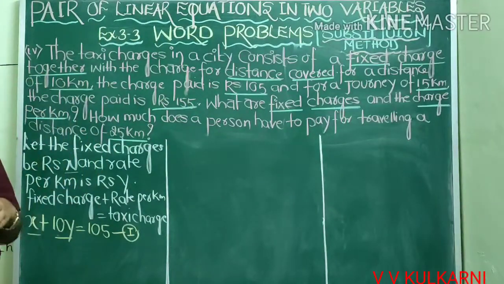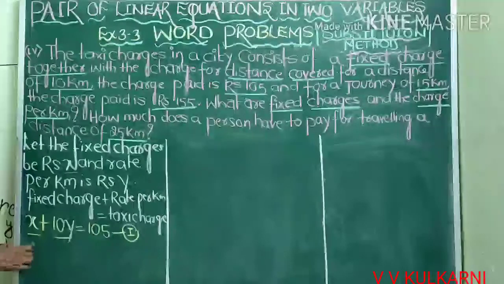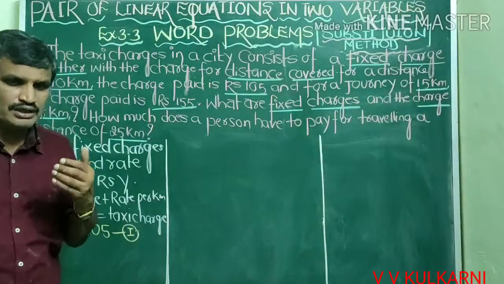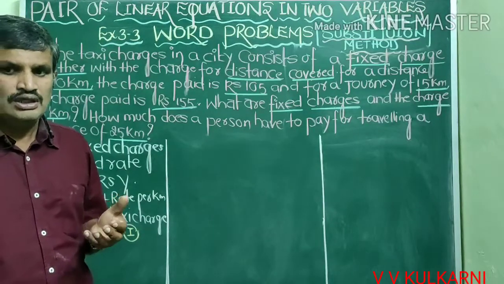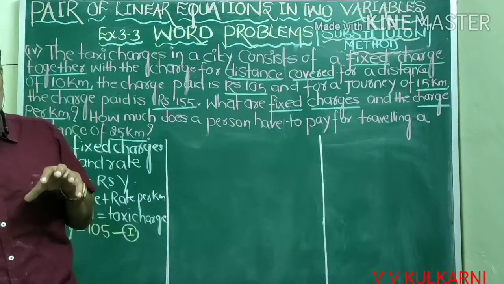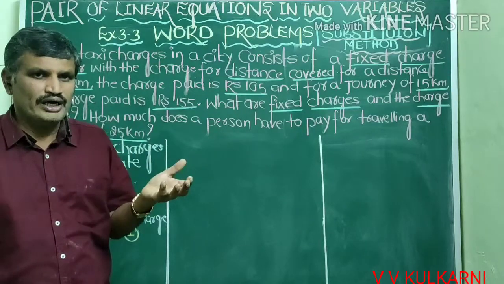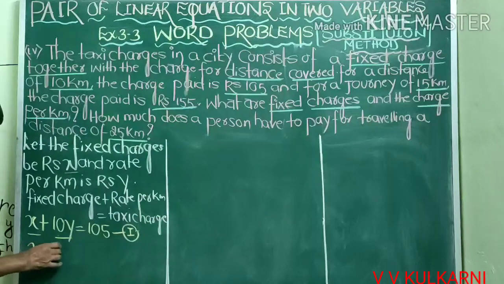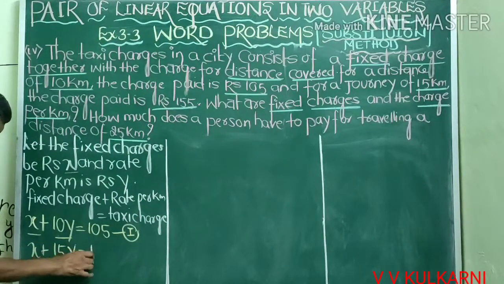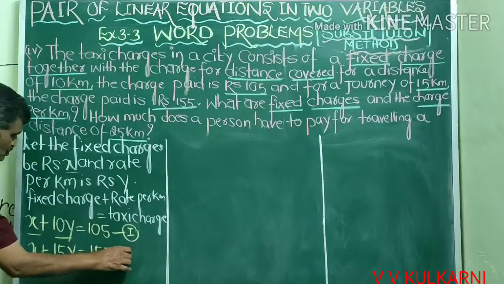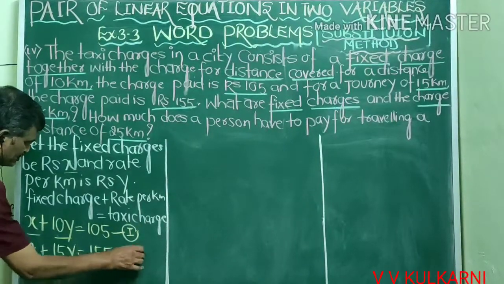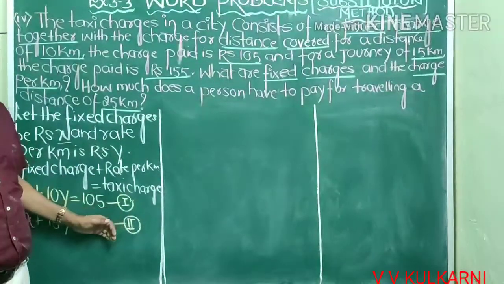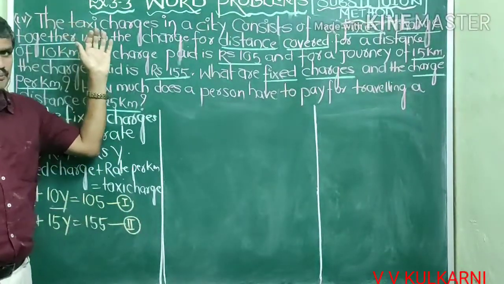That means the same person always pays the fixed charge plus, at the rate of rupees Y for a distance of 15 kilometers, 15 into Y. So X plus 15Y is equal to 155. This I will call the second equation. Now children, we have framed two equations out of the given word problem.